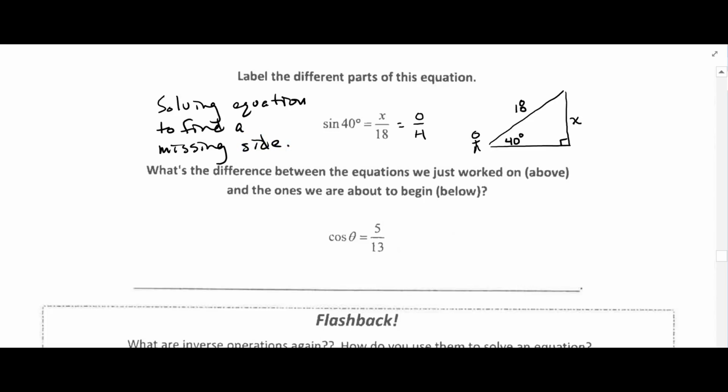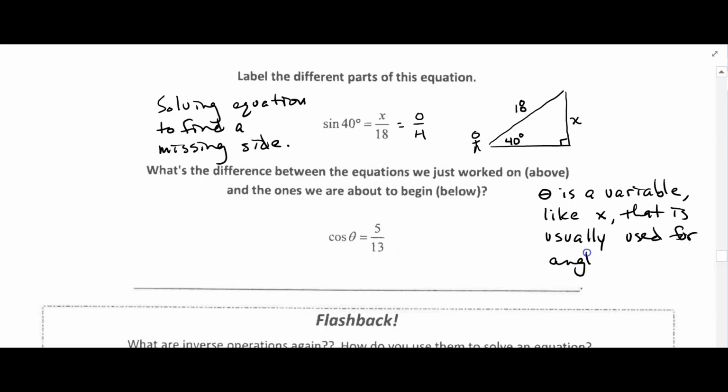Alright, so what's the difference between the equations we just worked with and the one we are about to work with below? So here I have the cosine of theta. Now this variable theta is a variable like x or y or any other variables that we use, that is usually used for angles.